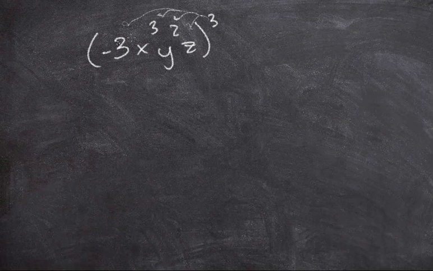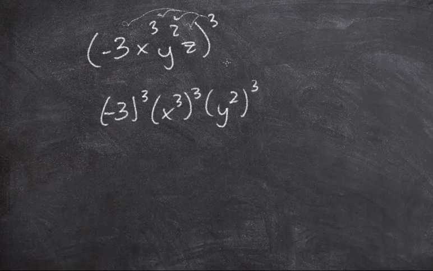Now it's important that this power of 3, because this negative 3 is inside the parentheses, it applies to the entire negative 3. So that means we can take minus 3 to the power of 3, and then we're going to multiply by x to the power of 3 to the power of 3 times y squared to the power of 3 times z to the power of 3.